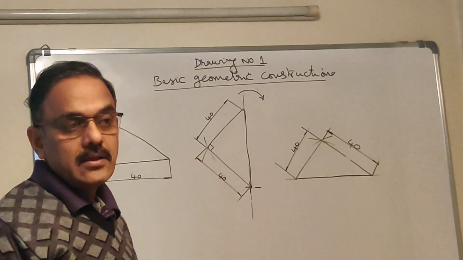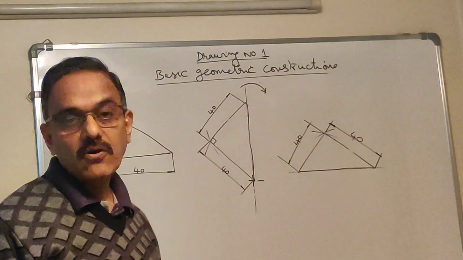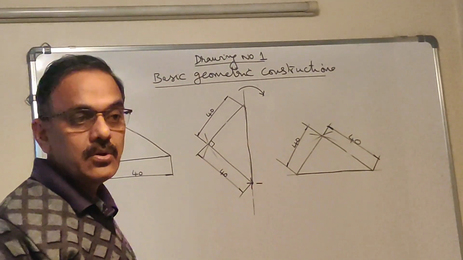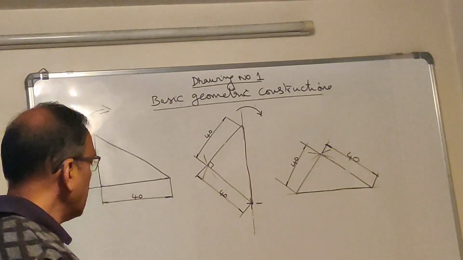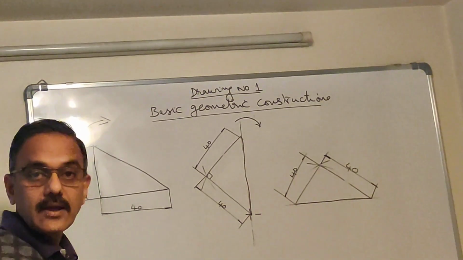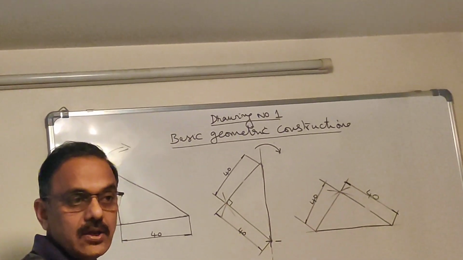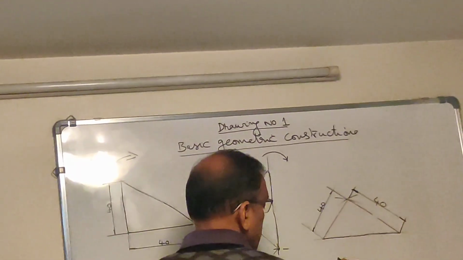Now let me tell you how you do it using the software. You will appreciate the advantage of using the software here. Manually I had to draw all the three triangles separately, but when it comes to using the software, you have two commands called move and rotate.